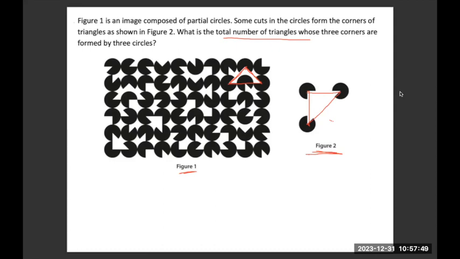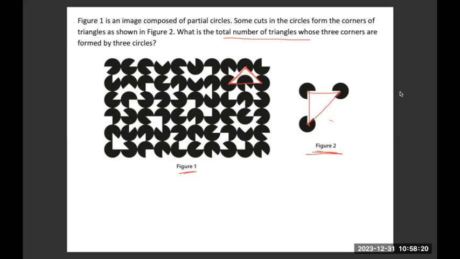Kavya, correct answer. Vishwa, wrong answer.